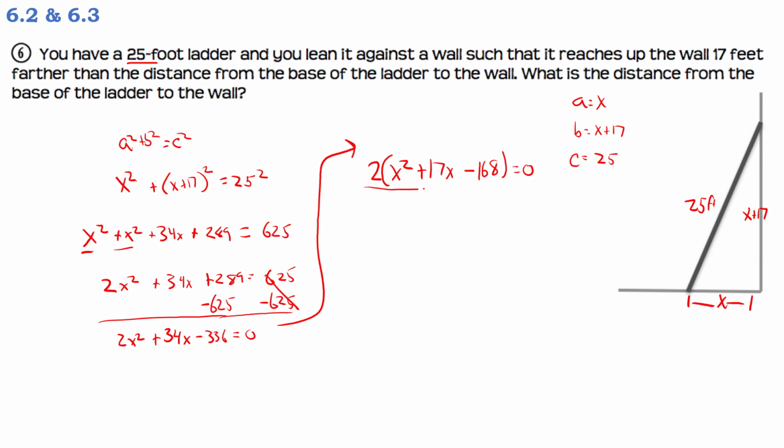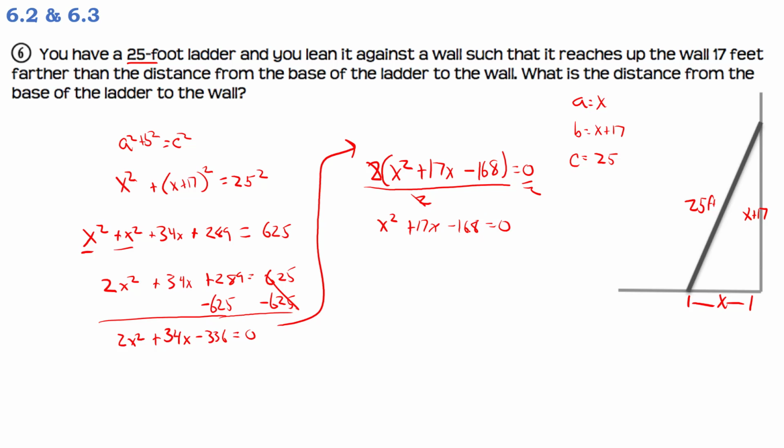So now we can take everything and divide by 2 and get rid of that 2 over there. So therefore the 2's go away, and we'll be left with our x squared plus 17x minus 168 equals 0.